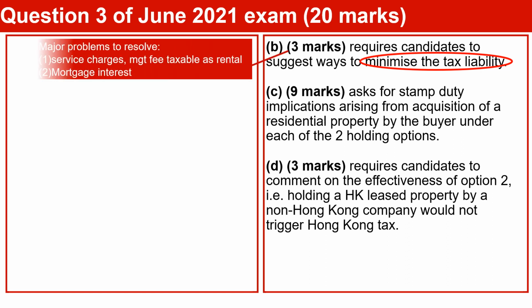Major problems include the service charges, management fee, etc., being non-rental payments, which are to be included in assessable value under property tax, and the payment of mortgage interest is not deductible under property tax.